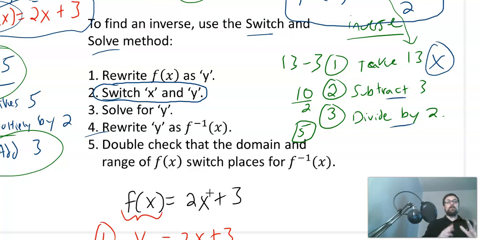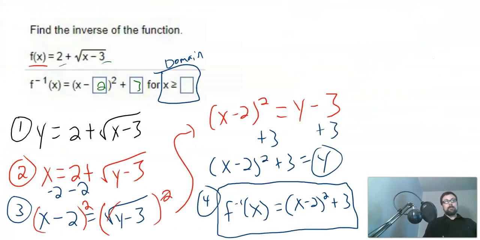You have to force the domain and range to be what they need to be for them to be inverses, since they didn't automatically become the thing they were supposed to become. So let's go back to this problem and consider what is the domain and range of the original function. And then let's make sure that they switch places for the inverse function.